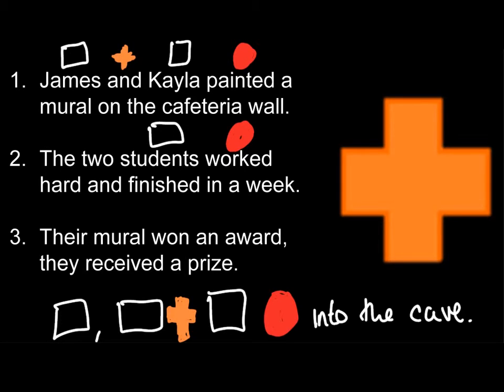Students. Oh, look. What else happened? So the two students worked hard and, oh, I missed something. What happened? They finished. See, so when you're doing this, you need to make sure you get all the parts. Okay, and then fanboys.